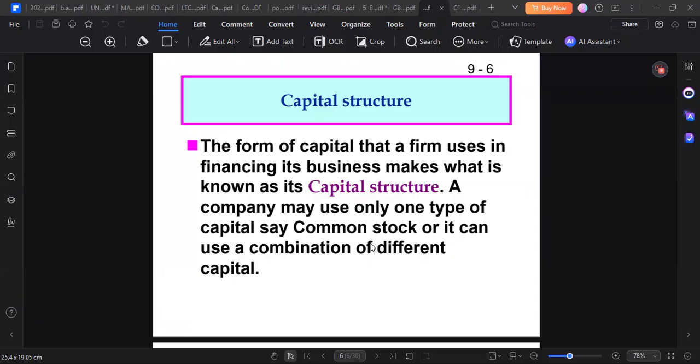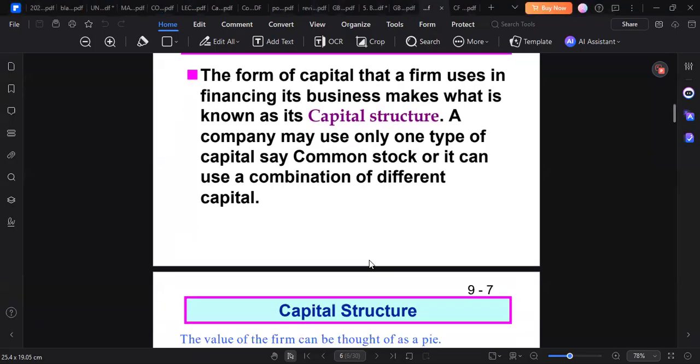Now there are different types of long-term capital.